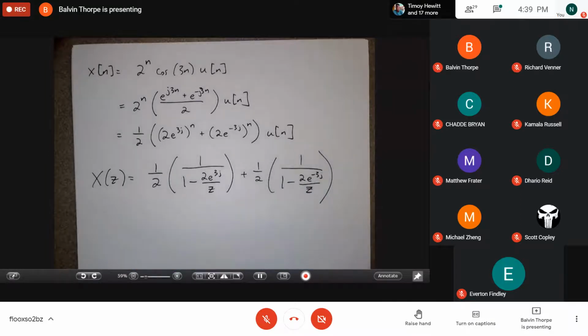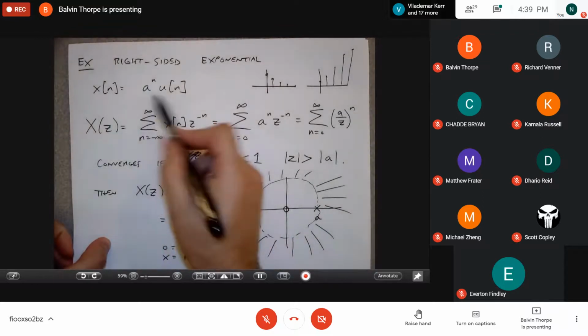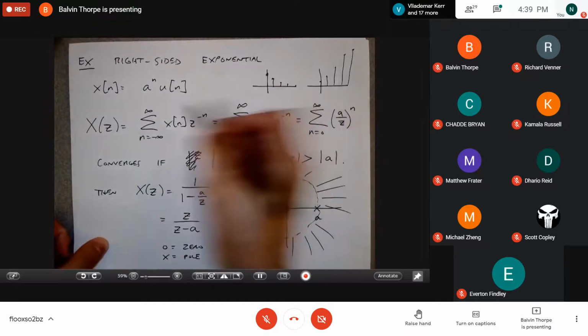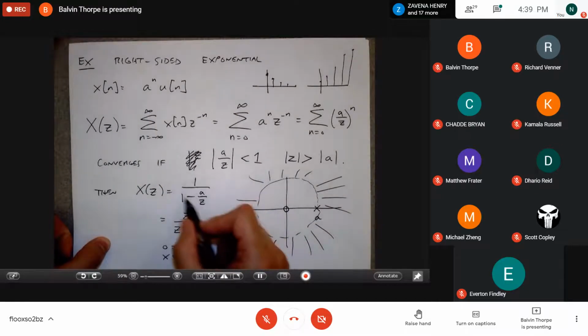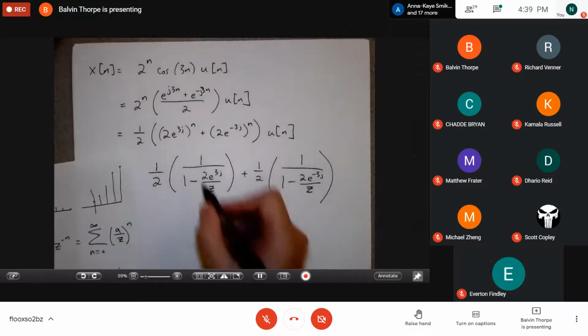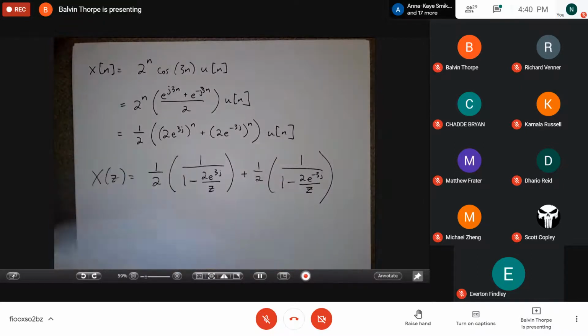All I'm doing is applying this formula right here, right? So I got a to the n u of n. Nothing here says that a has to be a real number. A can be any complex number, and my z transform is 1 over 1 minus a over z. That's exactly what I have, 1 over 1 minus the a, which is this, over z.